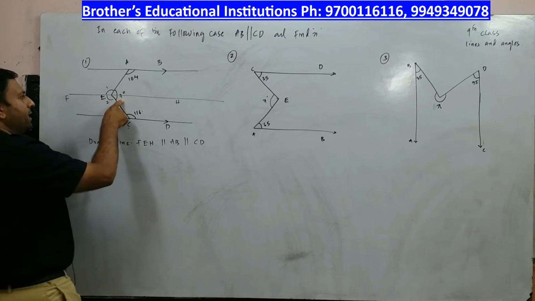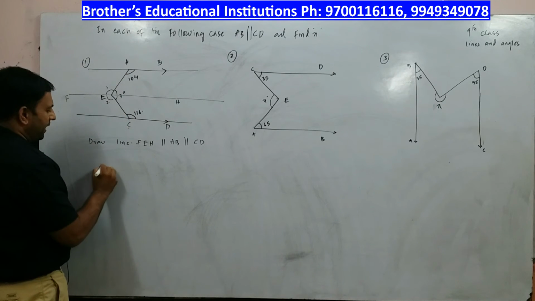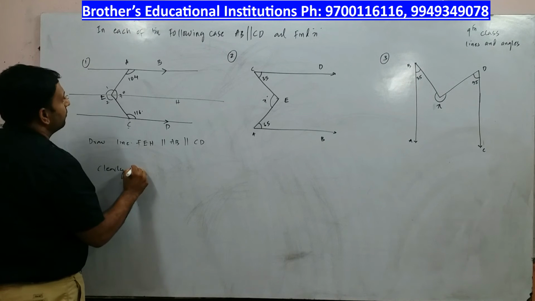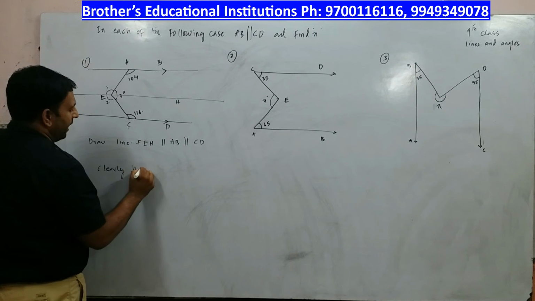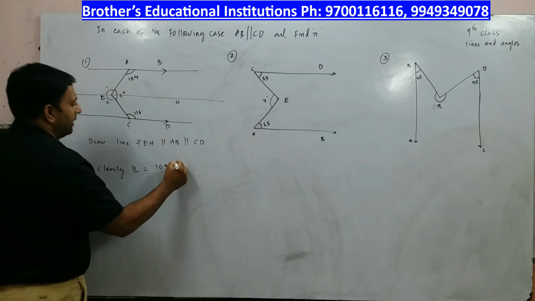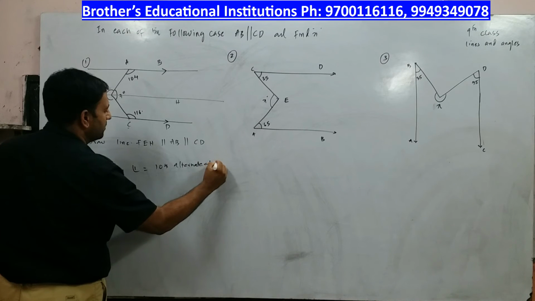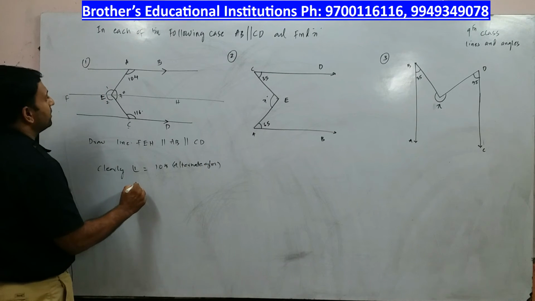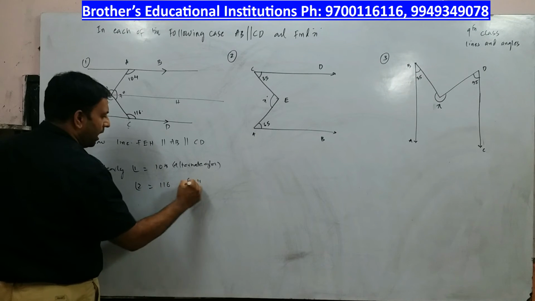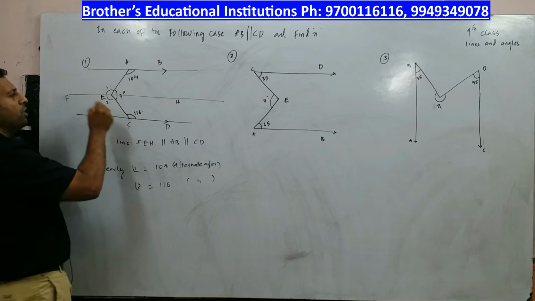In order to find X, I have to find 1 and 2, right? Now I will say clearly angle 1 is equal to 104 degrees. Why? These two are alternate angles. And similarly, what is angle 2? Angle 2 is equal to 116. The reason? Alternate angles. Now, what is X? X is the reflex of 1 plus 2.